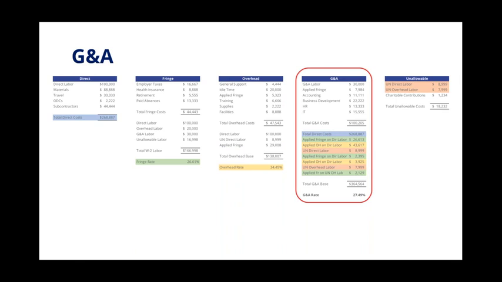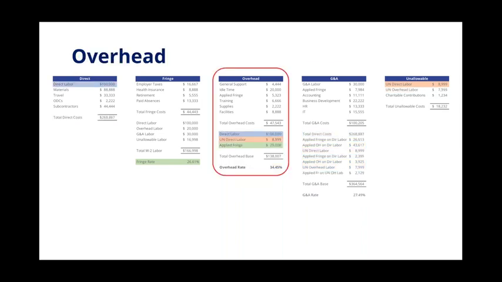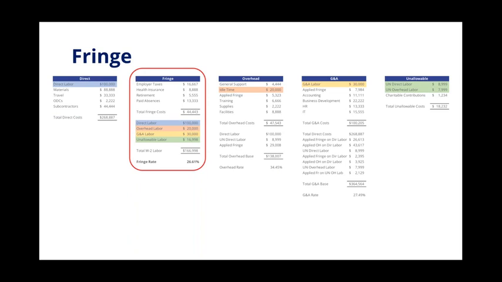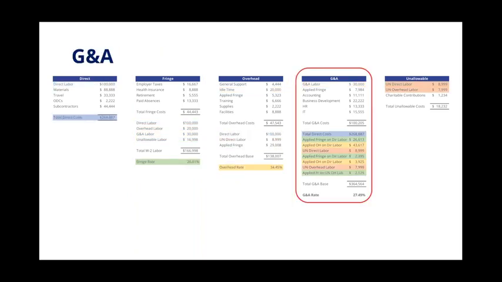You'll see that the base of G&A has several lines and lots of colors. Take a look in the pool up above. You see that I have my G&A labor of $30,000. I know it's all the same, but just for visual, if I go back to my fringe, remember I had G&A labor of $30,000. So now that I come over to my G&A pool, I'm going to have my applied fringe, just like I had applied fringe in overhead. I have my other G&A expenses.